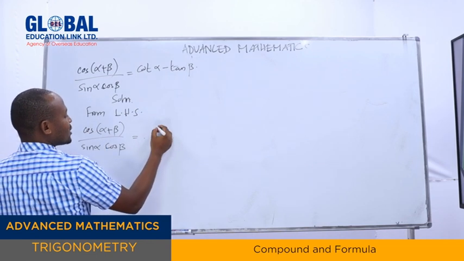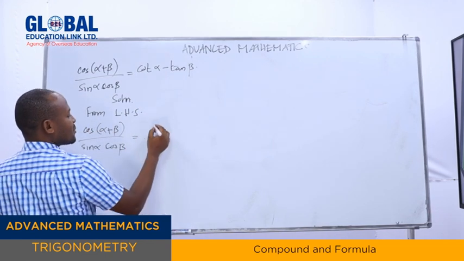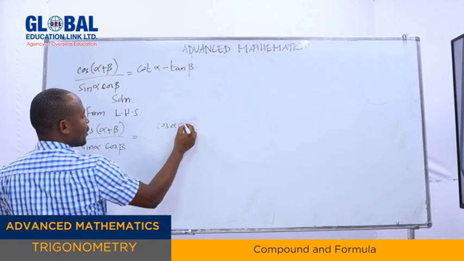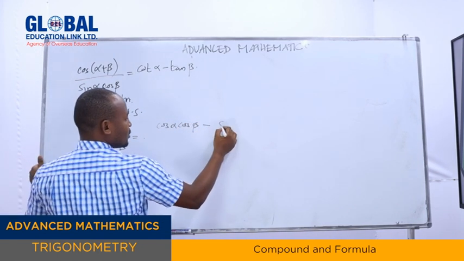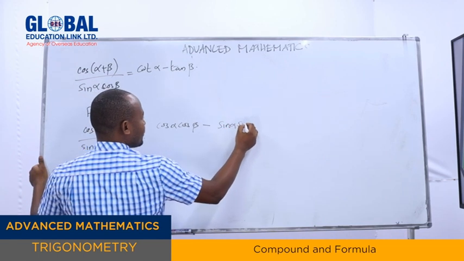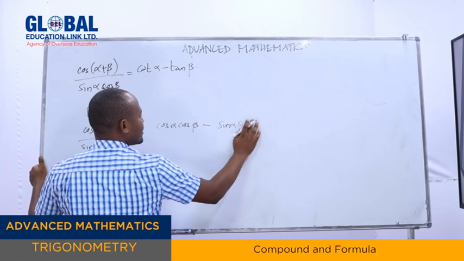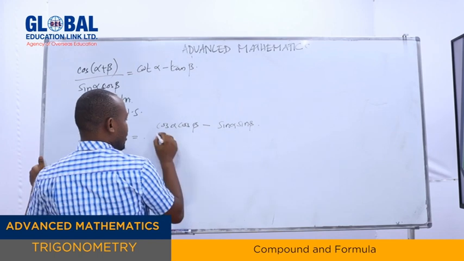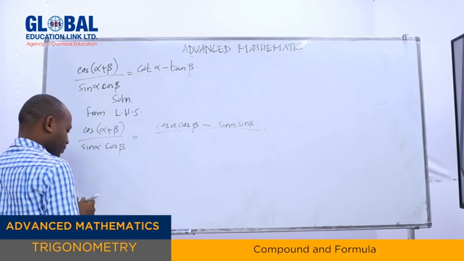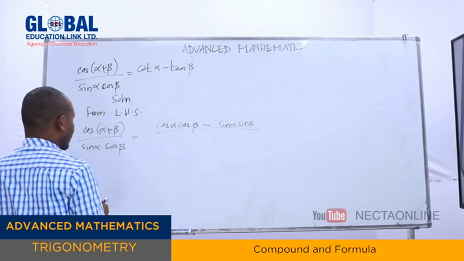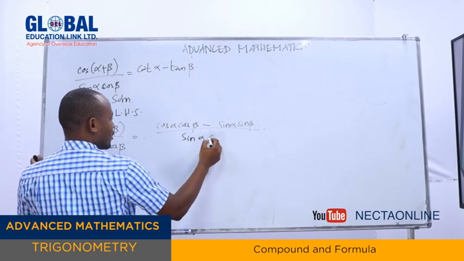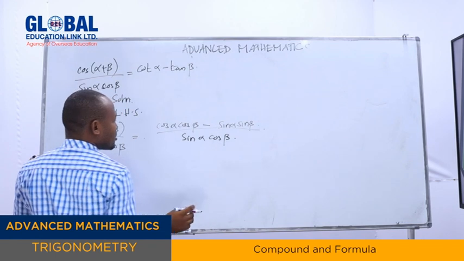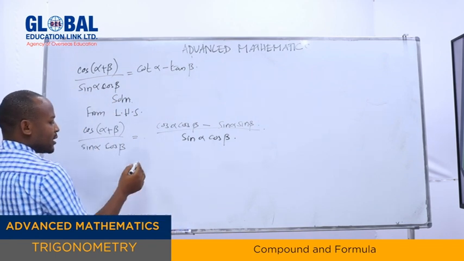We know that cos(alpha + beta) is equal to cos alpha cos beta minus sin alpha sin beta, over sin alpha cos beta.